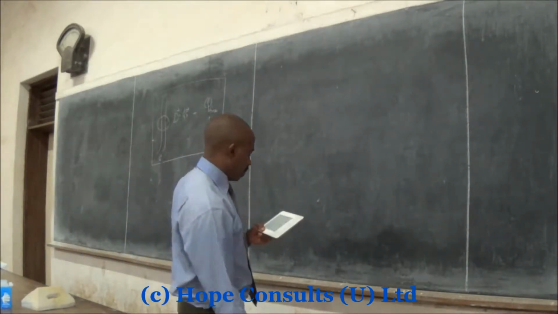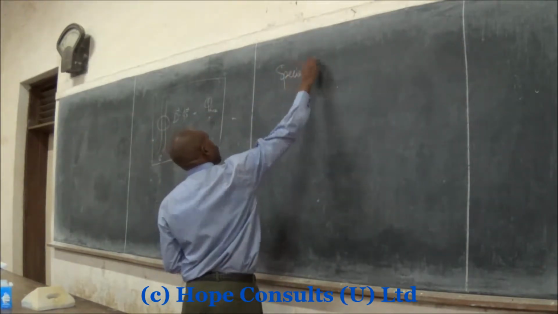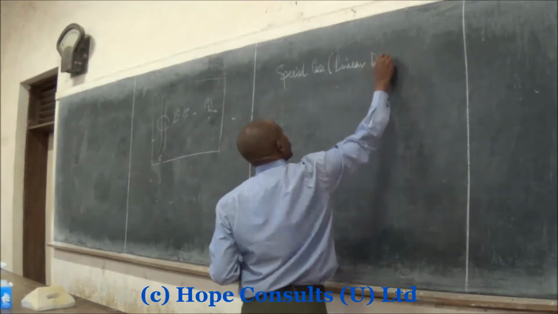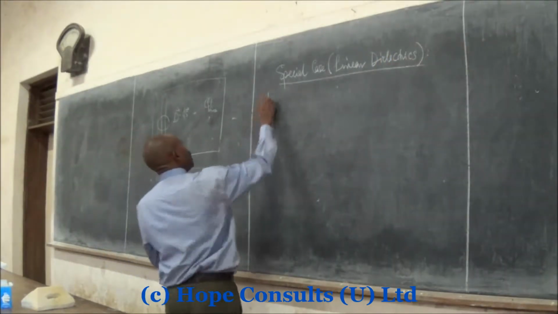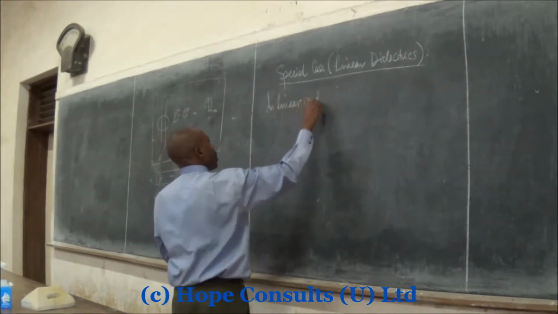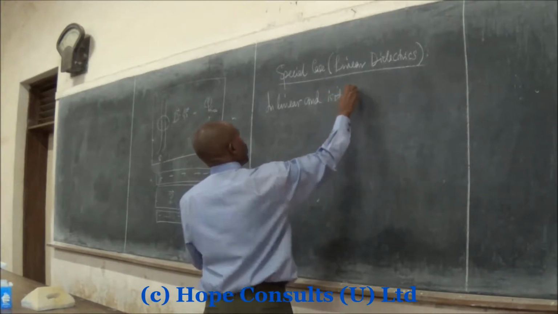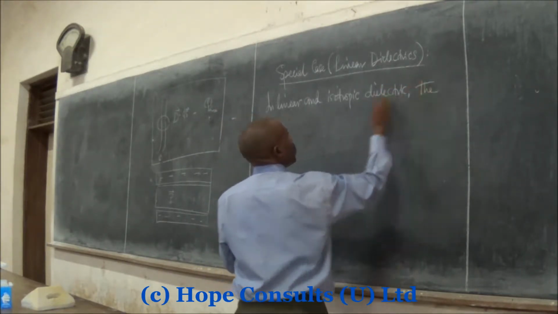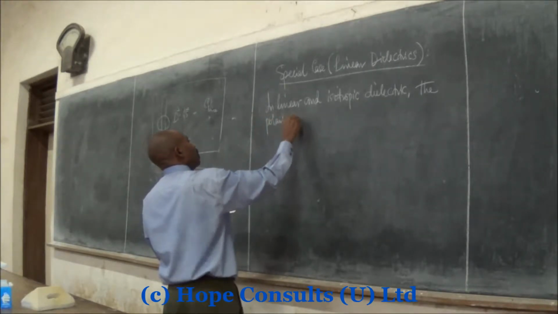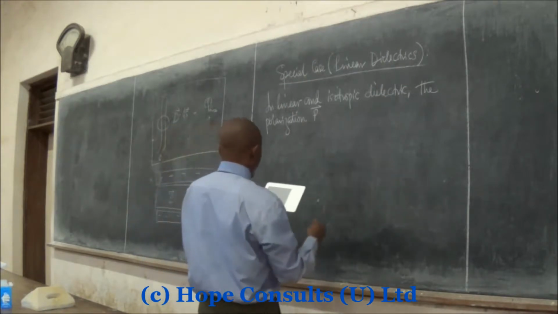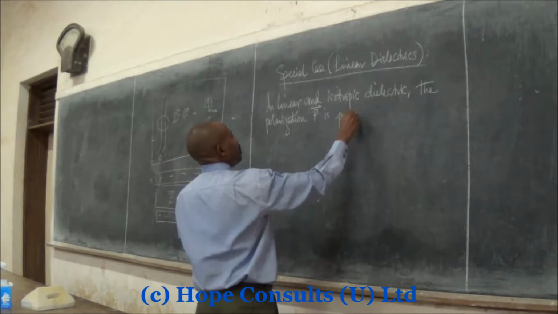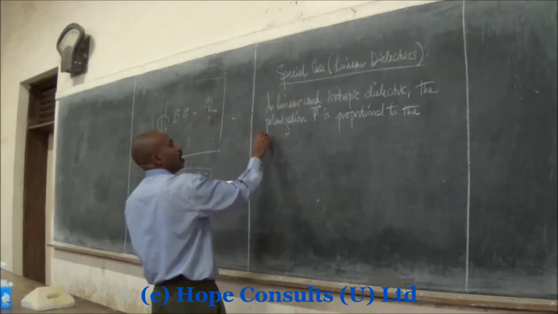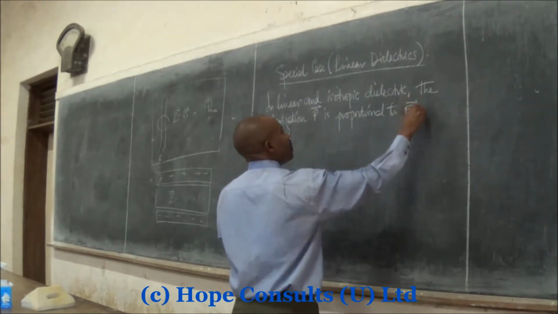And we had moved to the special case, which was for linear and isotropic dielectrics, where the polarization P is proportional to the electric field intensity E.